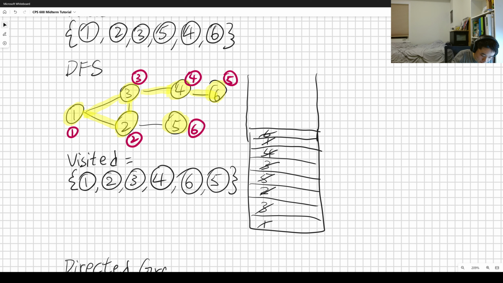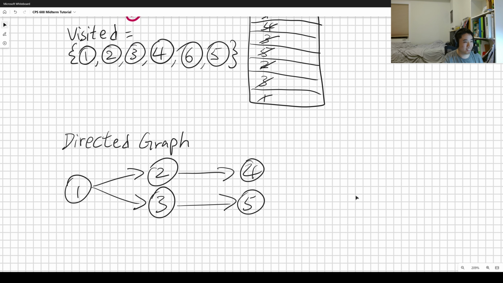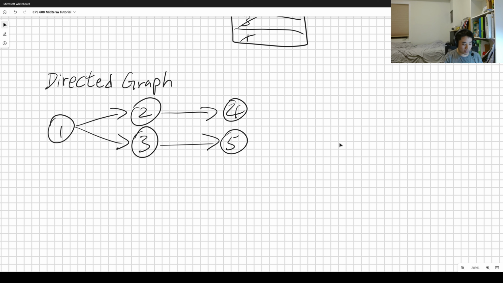A directed graph has edges represented by arrows like this, and I'll scroll down. Don't worry, I'll scroll down. Here you go. So we have a directed graph, and we also have a weighted graph as well.